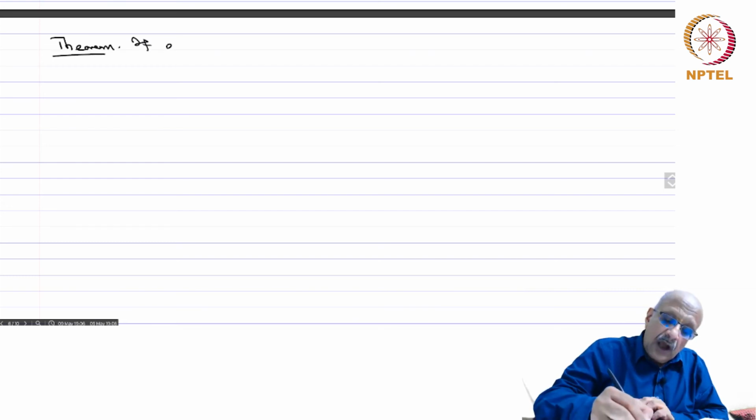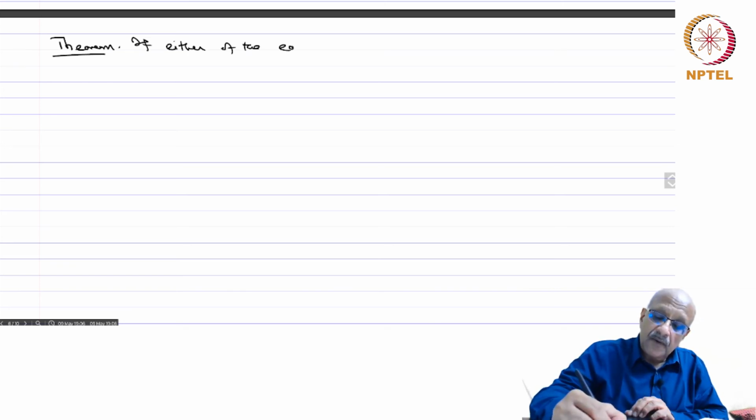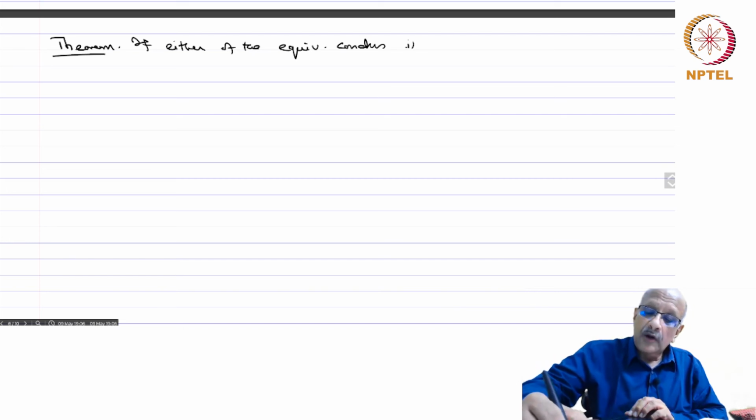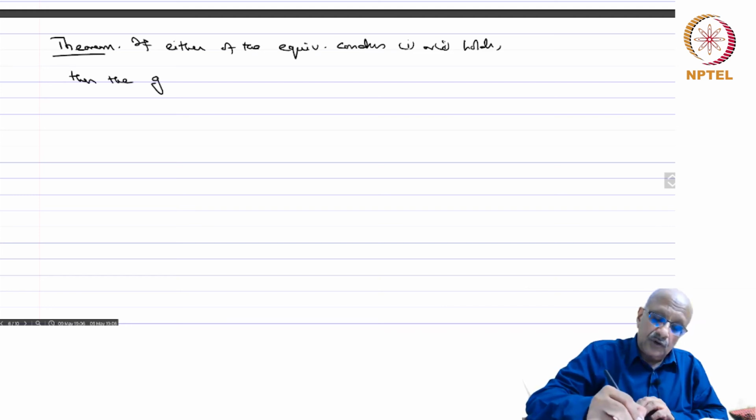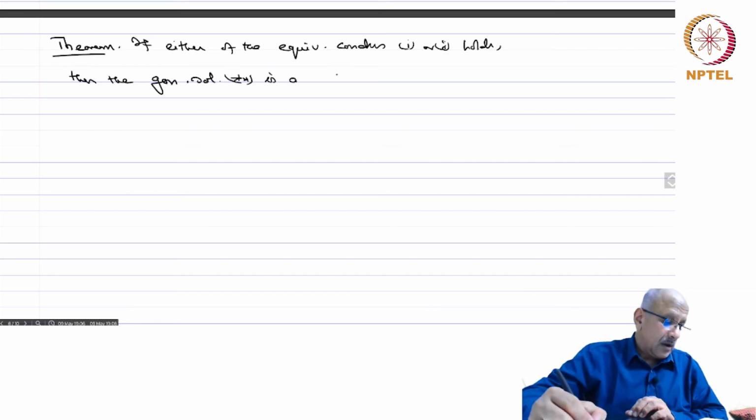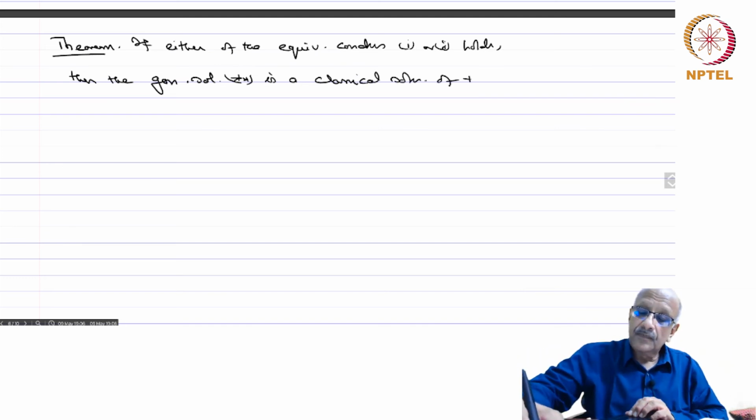If either of the equivalent conditions 1 or 2 holds, then the generalized solution (double star) is a classical solution of (star).